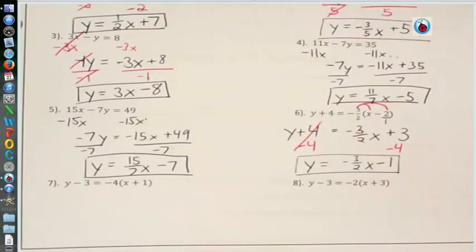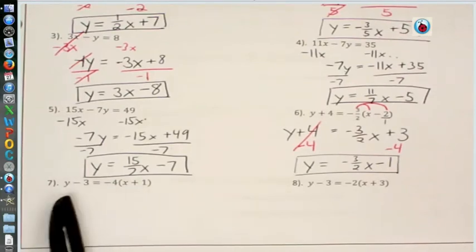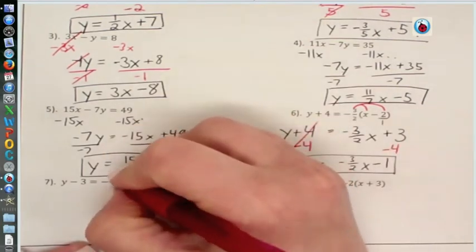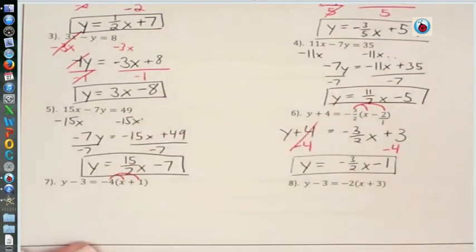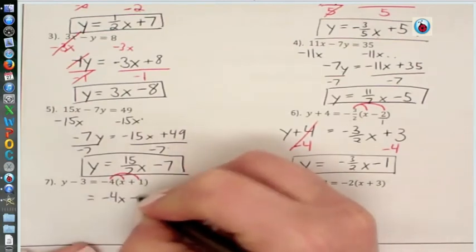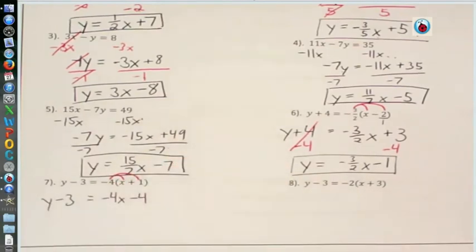For number 7 and 8, I'm going to do the exact same 2 steps. I'm going to distribute the slope, and I'm going to get y by itself. So let's do that. I'm going to distribute negative 4 times x, negative 4 times 1. That comes out to negative 4x minus 4. I still have y minus 3 on the left side.